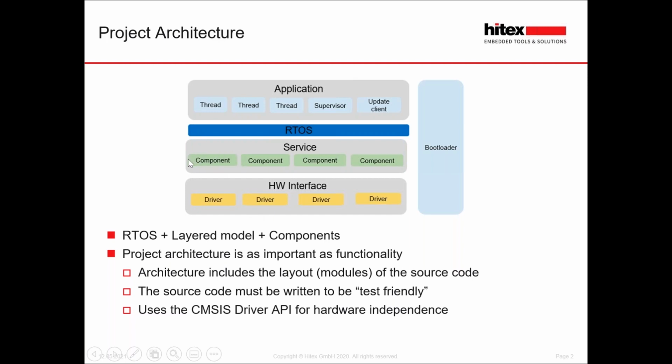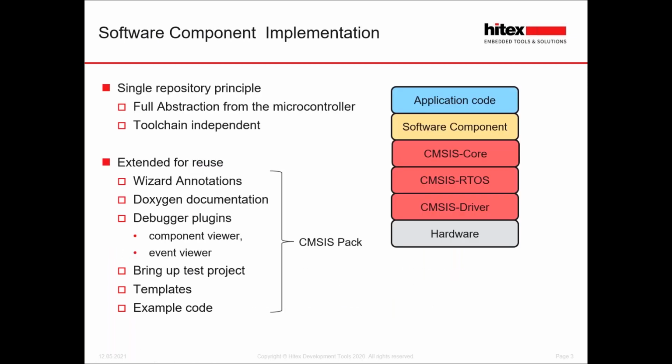so they can easily be reused on future projects. Now, when we adopt this approach, there are a number of features within the tool chain that allow us to improve the quality and the reusability of these software components. So within the tool chain, we can make them easier to configure through wizards and annotations.